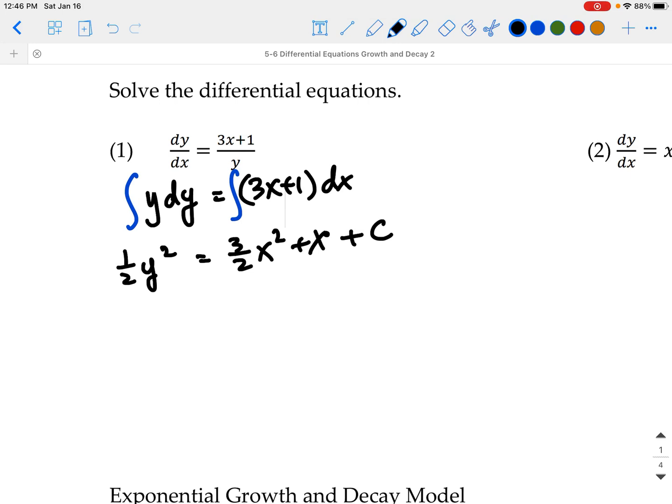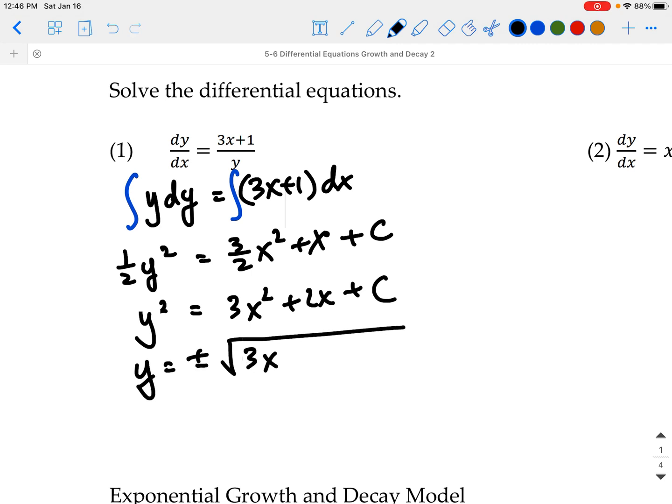If we wanted to make this a function, we could solve for y. So we'll note we can multiply by 2. So we'll get y squared is equal to 3x squared plus 2x plus c. And we could specify maybe this is c1 and this is c2 because the value will change when we multiply by 2. But we'll just leave it as c for now. And then we could square root. So y is equal to plus or minus the square root of 3x squared plus 2x plus c.